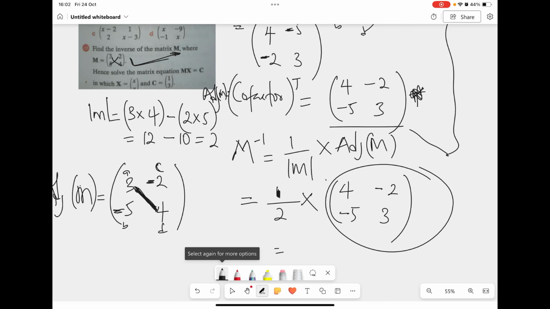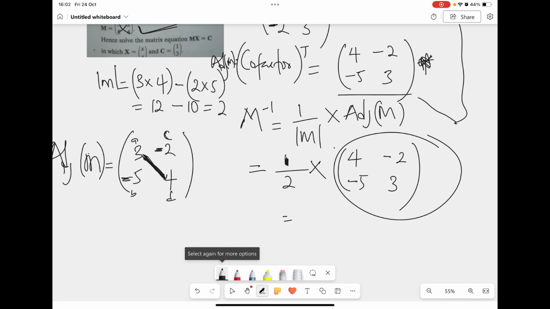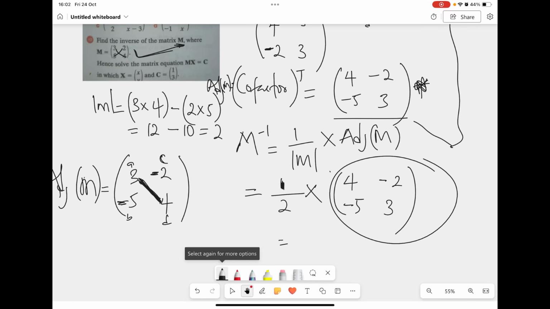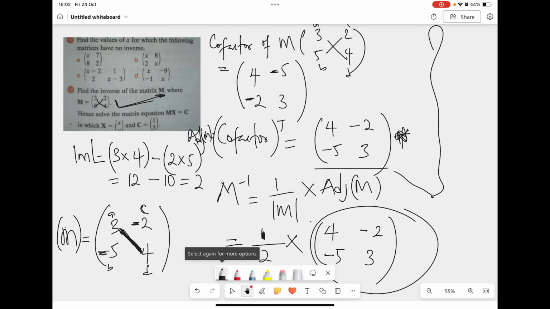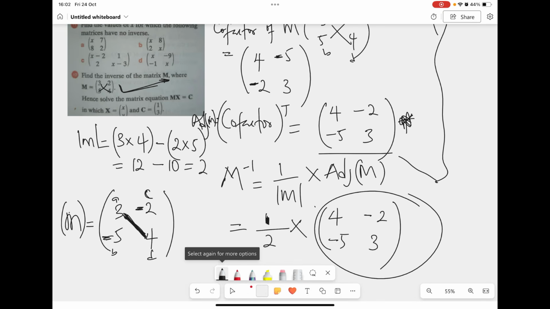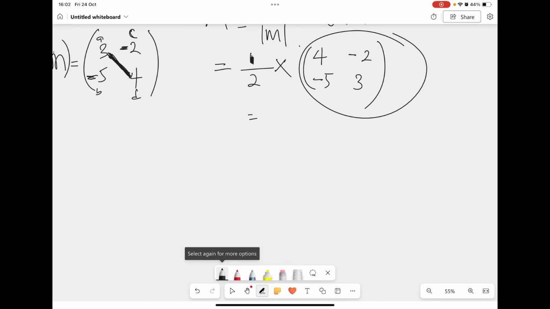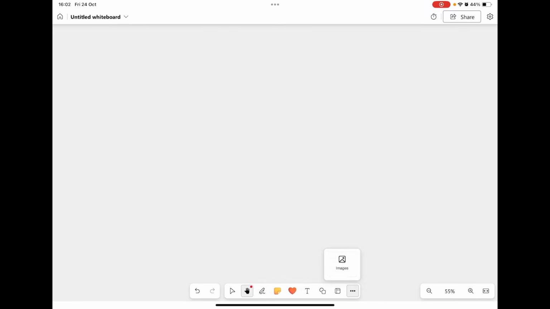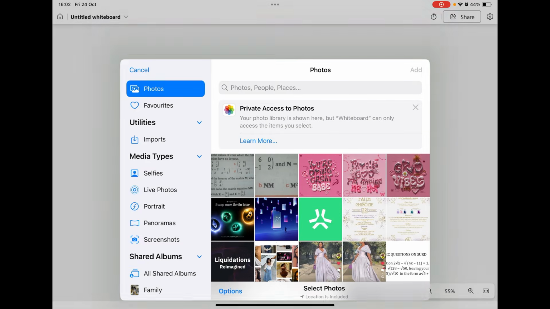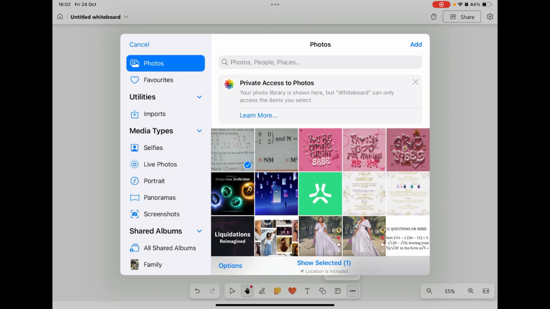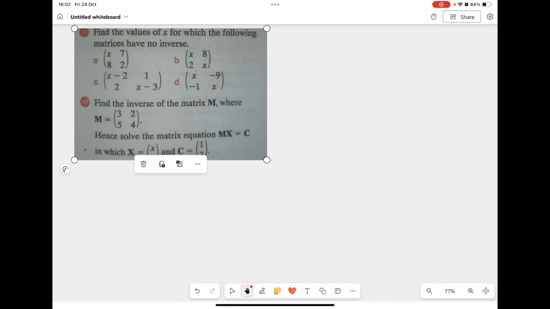And that's just it for the first part of that question, which is about getting the inverse. So for the second part, let's try to do it, which is also very simple.